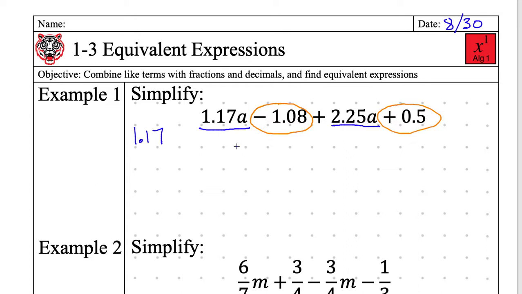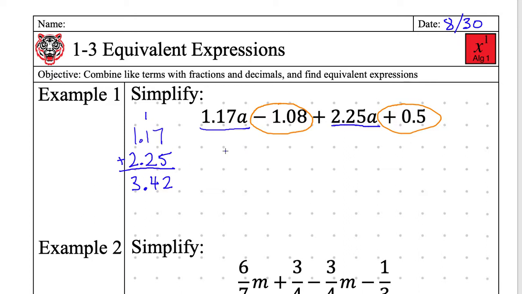So I have 1.17. This is kind of like my scratch work on the left hand side here. 1.17 and 2.25. I need to add these two together. Both positive, so 5 plus 7 is 12, carry the 1, and then 2 plus 1 is 3, and then it's going to be 4, and then I carry this decimal down, and then 1 plus 2 is 3, so our answer is 3.42.